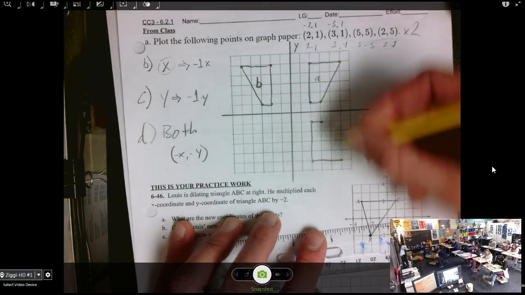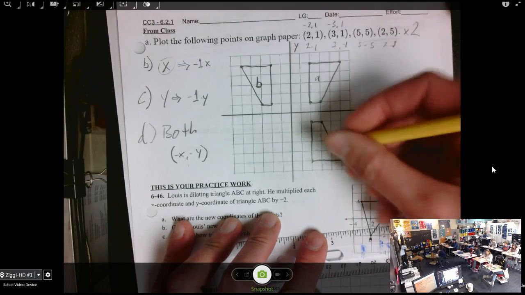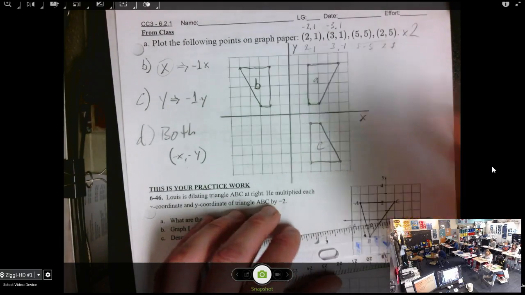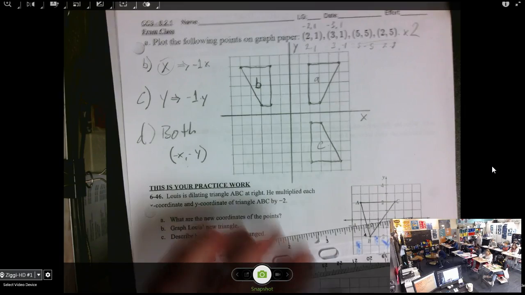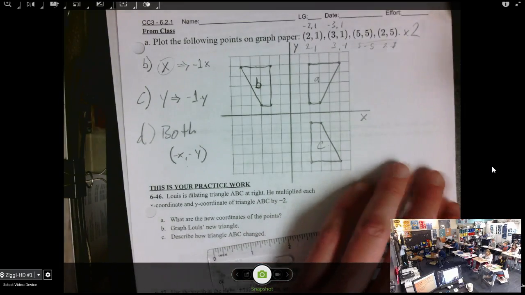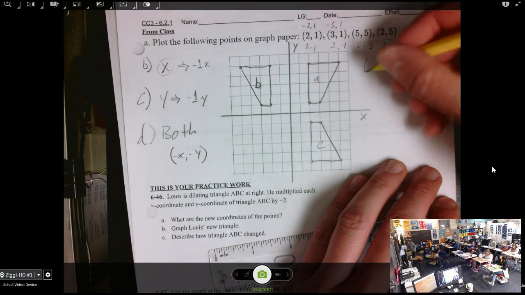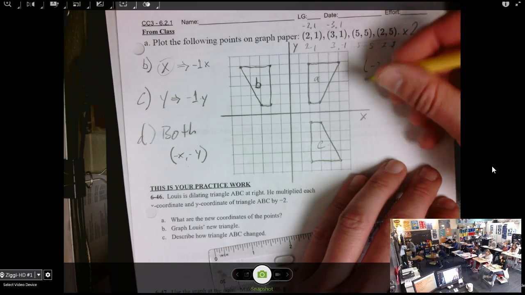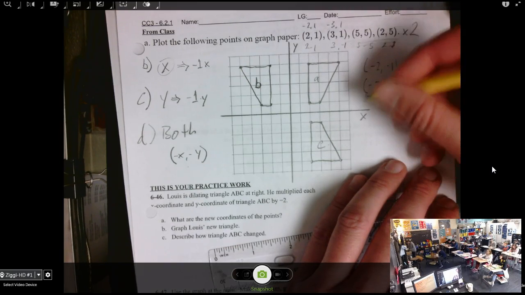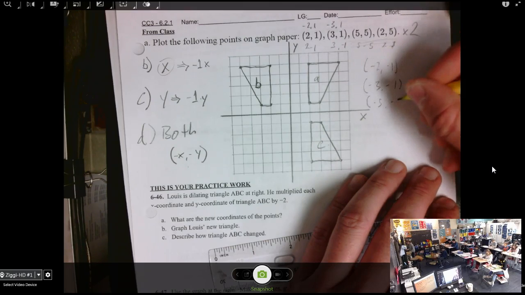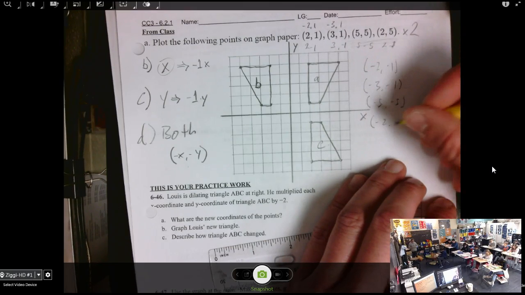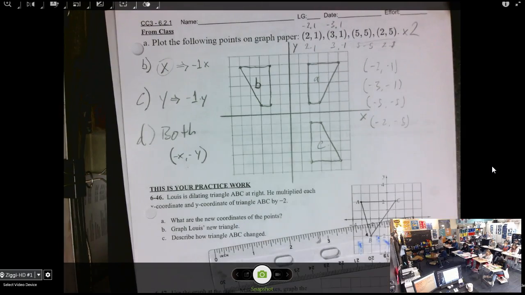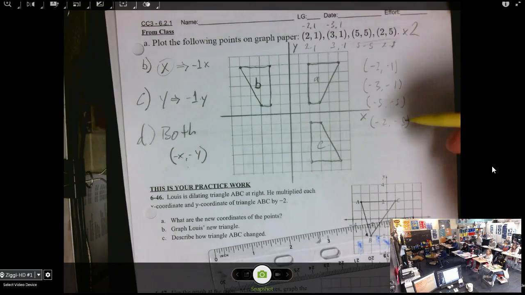This is C. And then if we do it to x and y, we get -2, -1, -3, -1, -5, -5, -2, -5. So that's for D.